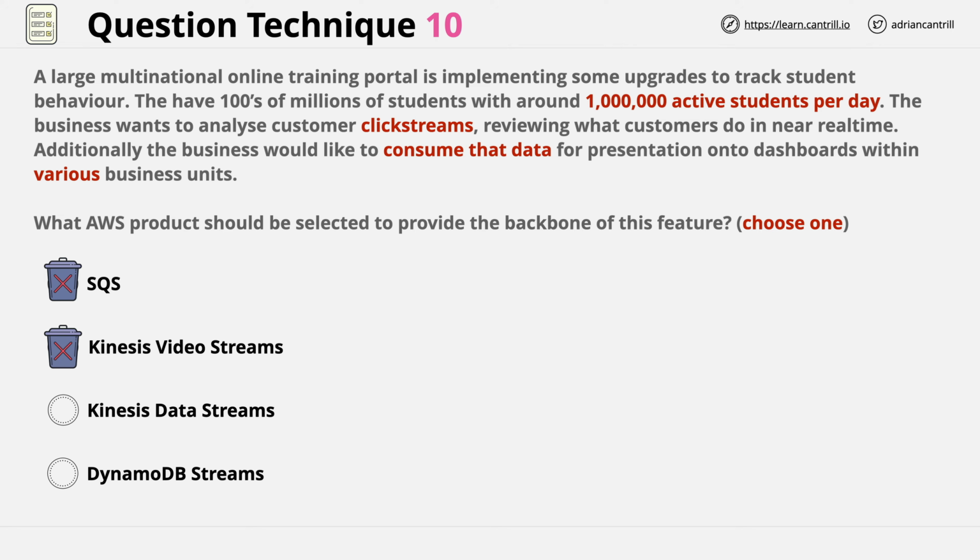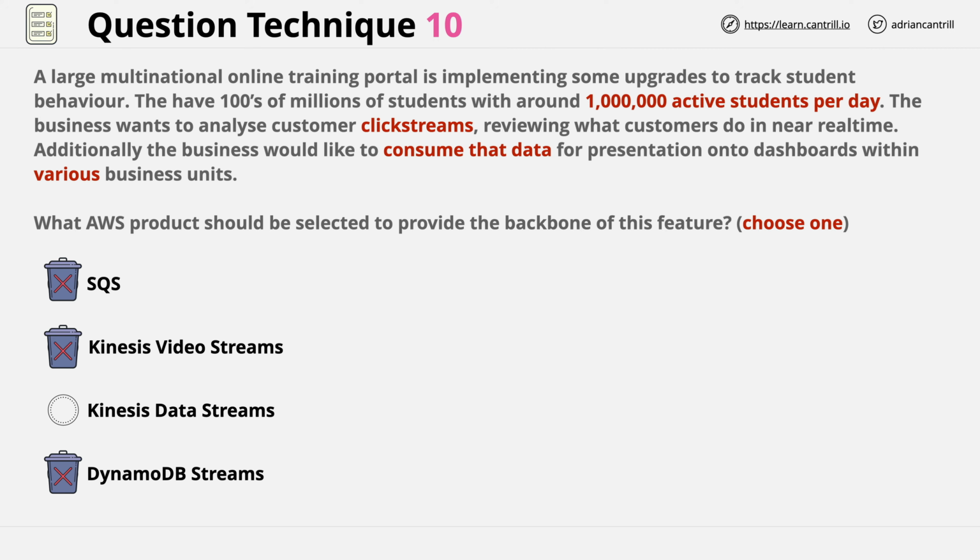Now, this is not the correct product to use in this architecture. DynamoDB streams is a feature of DynamoDB which can be enabled on a per table basis, and a stream event is generated whenever data within a table changes, and it can be used to implement a trigger style architecture for DynamoDB. So clearly, this is also not the right solution because we're not dealing with the DynamoDB architecture.